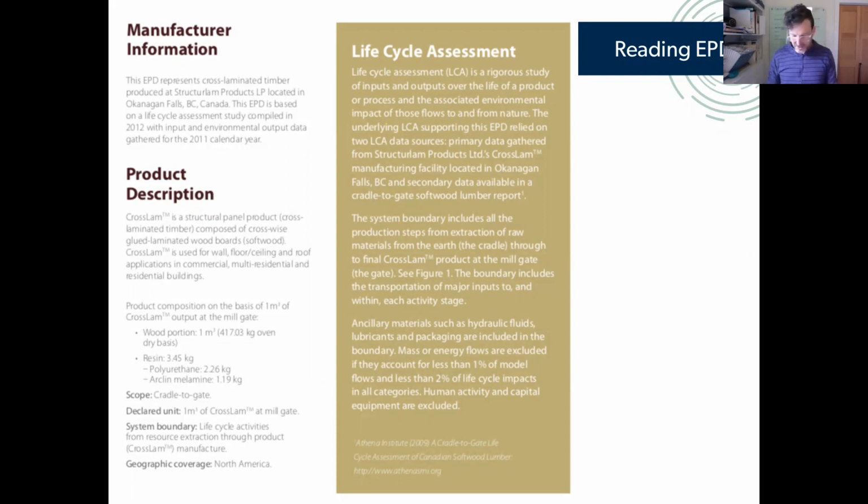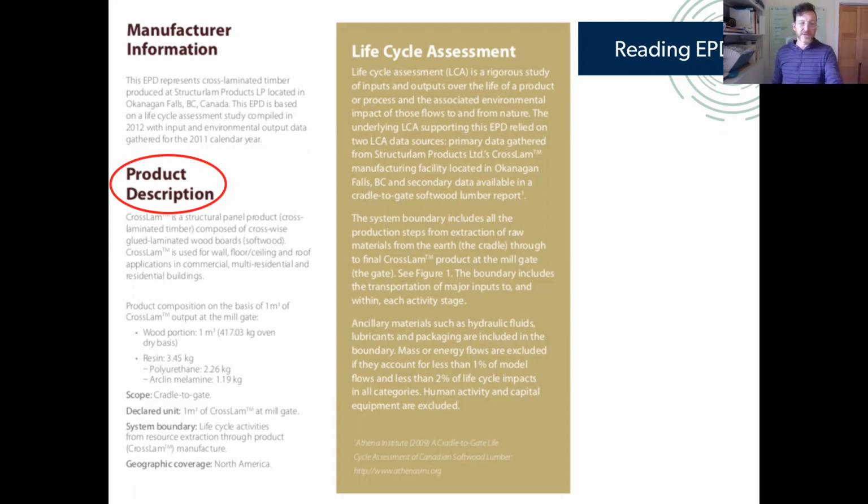But key things that you want to look for if you want to work from data from an EPD for your own project. Obviously, it gives a product description, and it is important to note that one of the issues with EPDs, especially ones manufacturers will warn you about, is that the numbers they give aren't necessarily directly comparable to another EPD.